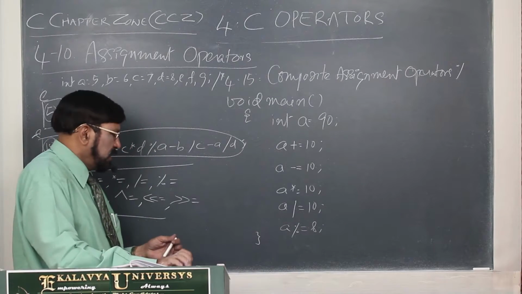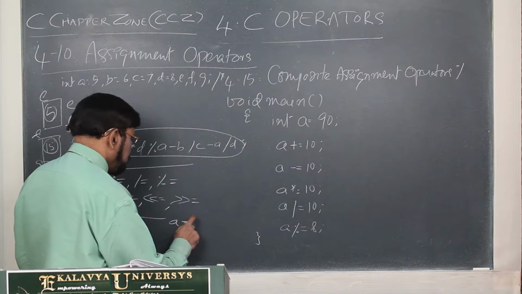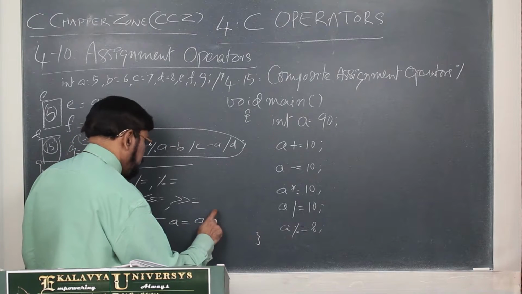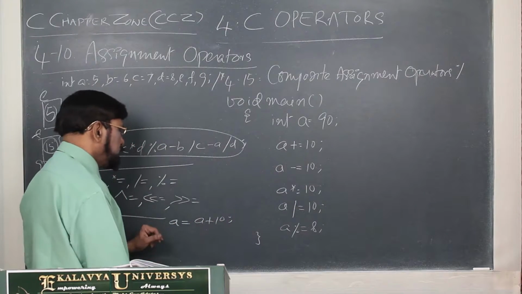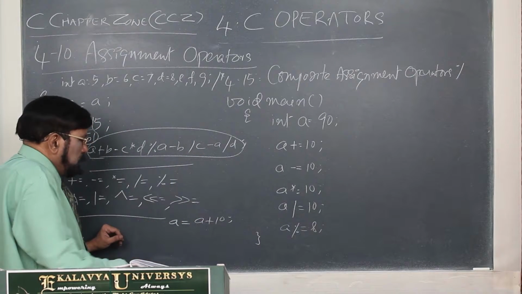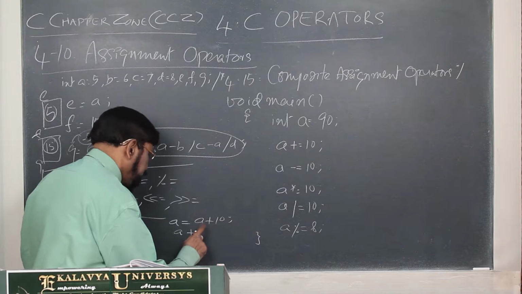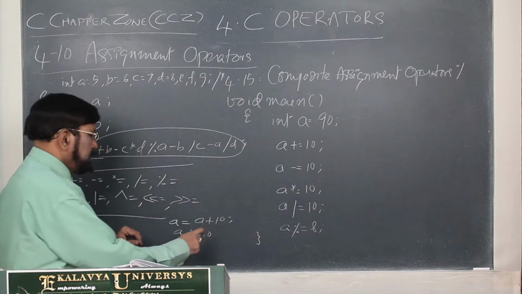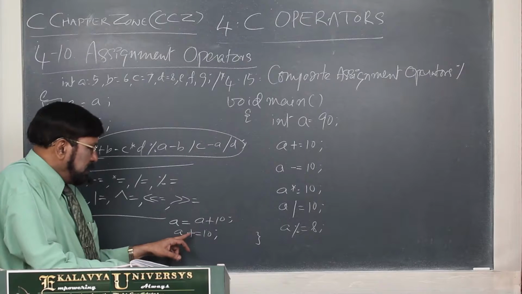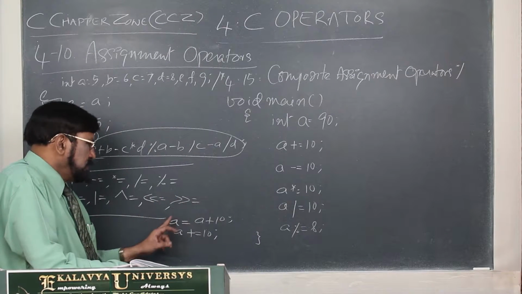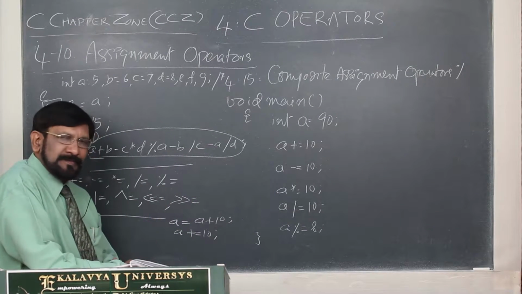Suppose you want to write a is equal to a plus 10. Using compound operators, how can you write a shorthand? a plus equal to 10 means a is equal to a plus 10.